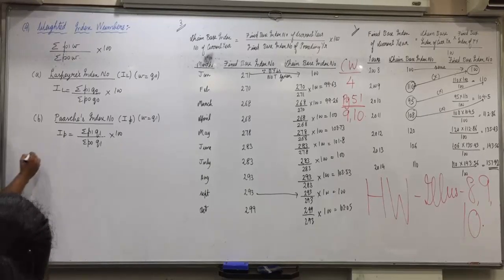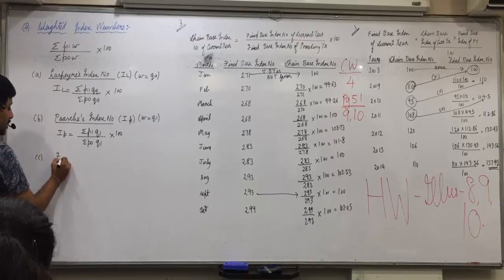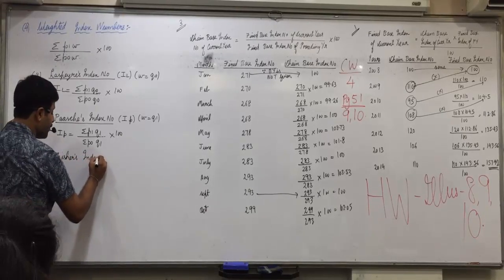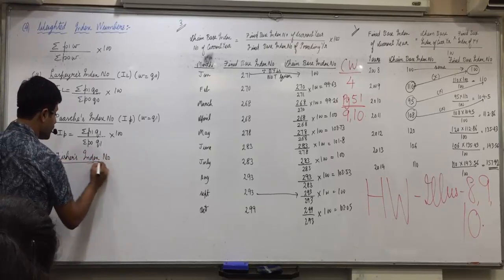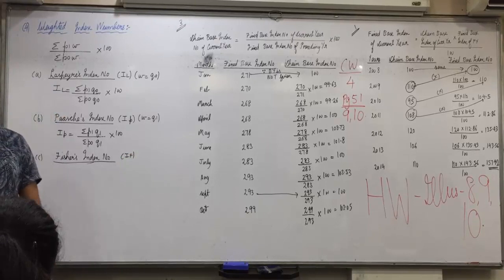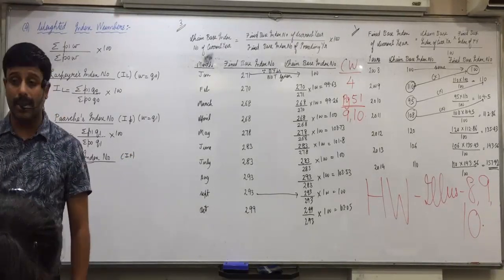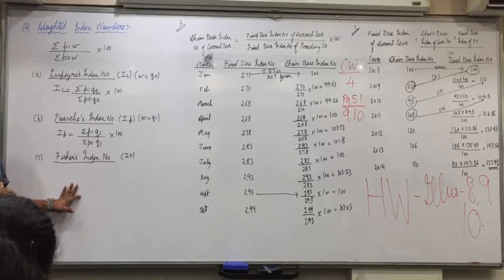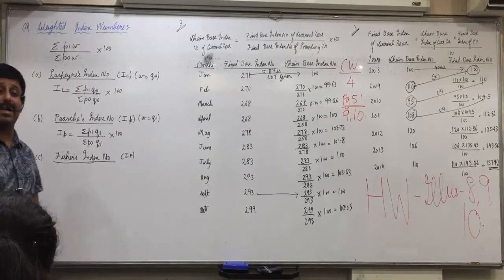Understood that? And the last one is Fisher's index number, IF. He takes the weight as both the base and current year's quantity. His index number is called the ideal index number, the best, because it takes both years' quantities.